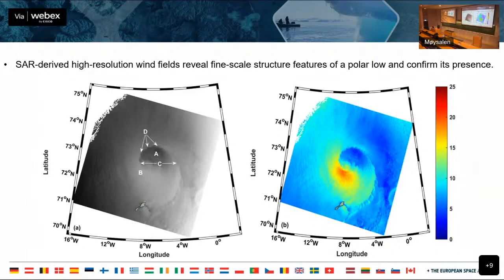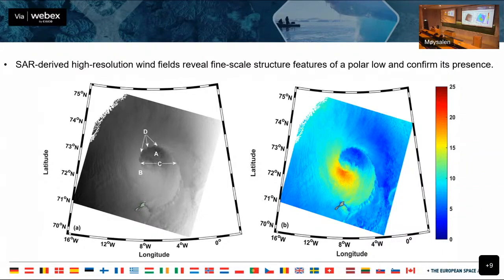But these kinds of examples we've seen before. It's a cross-section to the left, and the inversion to the wind speed to the right. It's clear that in order to rely on the wind speed, one probably has to have a good handle on the wind direction.